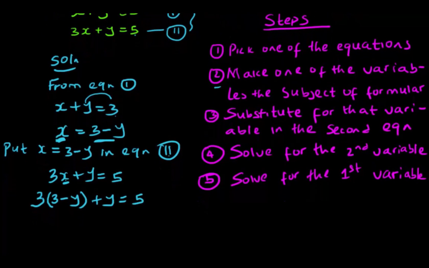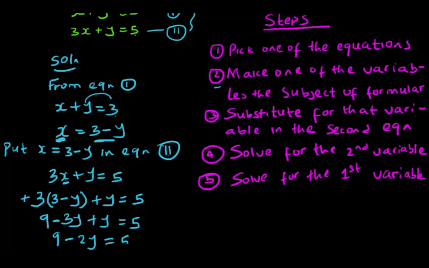Now let's open this bracket. 3 times 3 is 9. 3 times -y. Remember, you have an invisible plus here. So plus times minus is minus. 3 times y is 3y. Then I have + y = 5. So now I have 9 - 3y + y, which is 9 - 2y = 5.